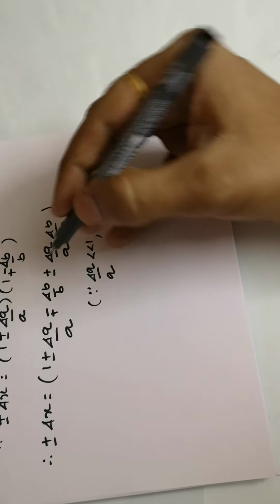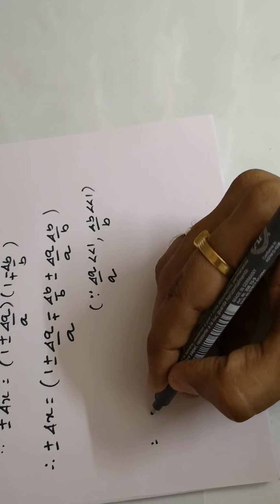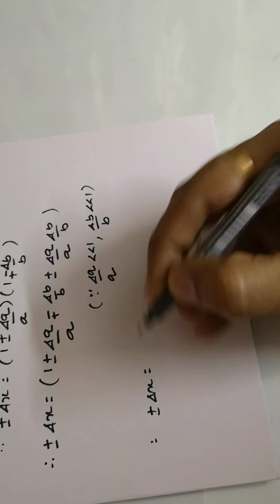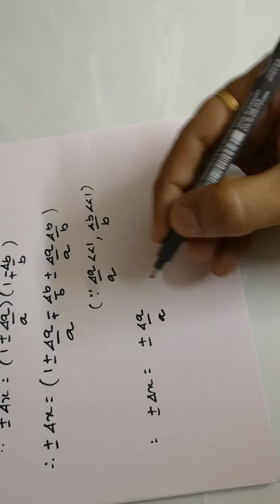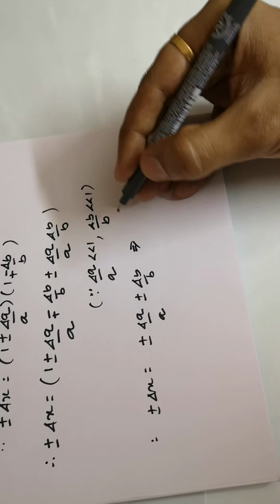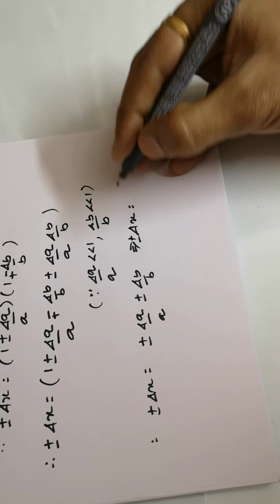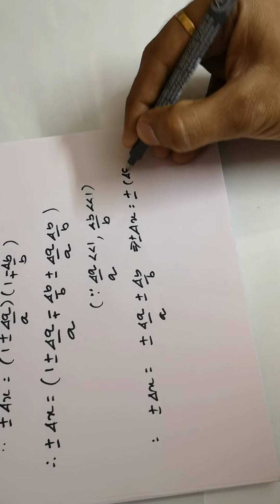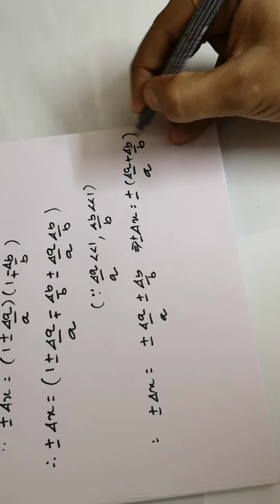So we are neglecting this last term, and we get plus or minus delta x by x equals plus or minus delta a by a plus delta b by b.